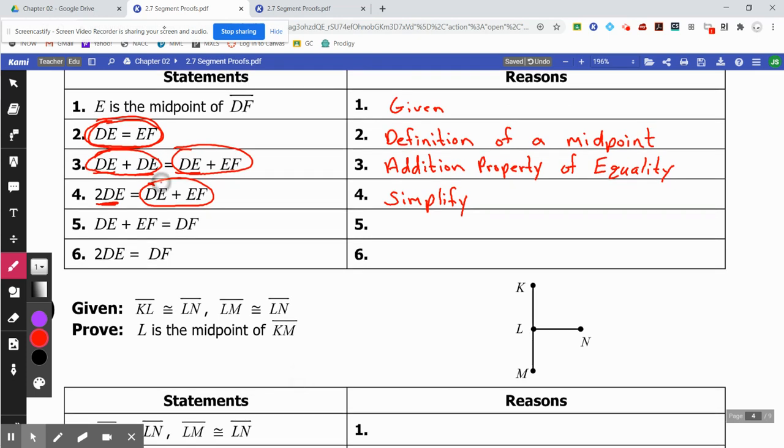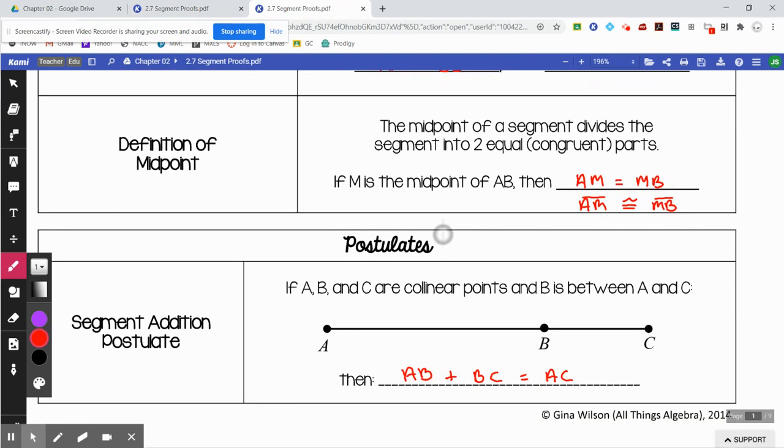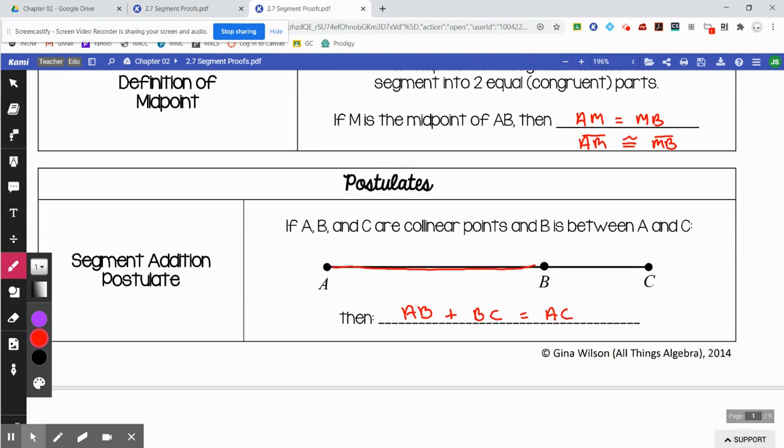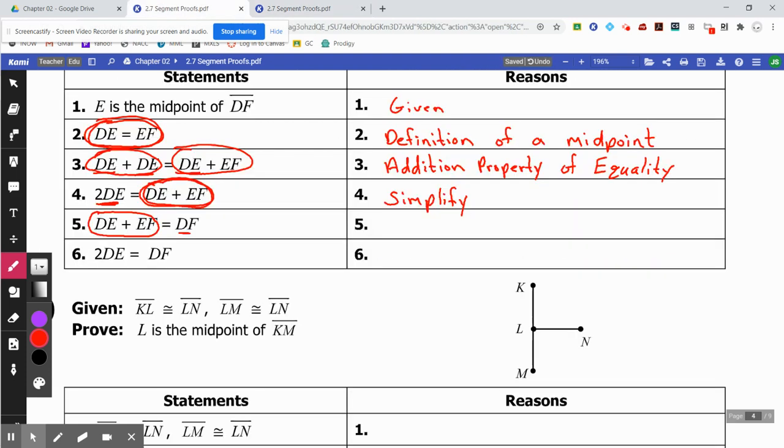Well, this DE plus EF, we're going to say that that's equal to the whole thing. And the reason for that, if we go back to our reference sheet, AB plus BC is equal to the whole thing. That's your segment addition postulate. So let's go back, and step number 5, the justification is segment addition postulate.